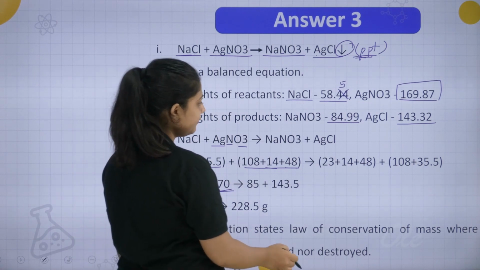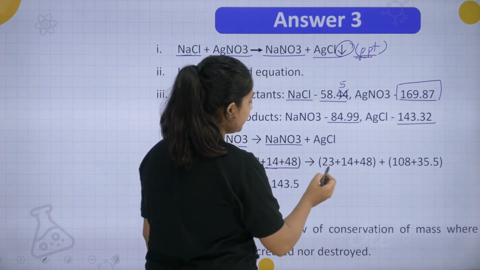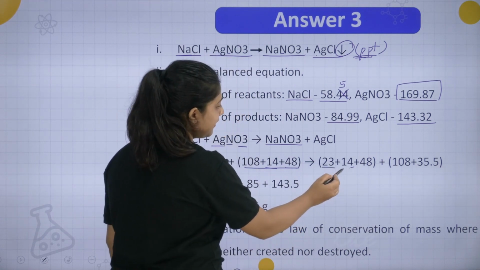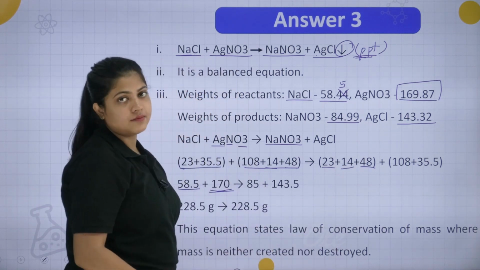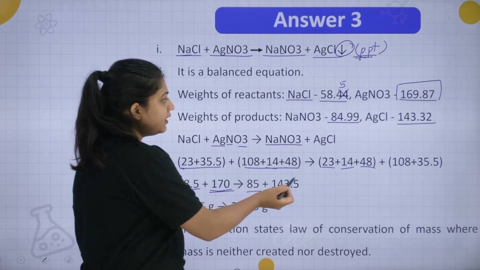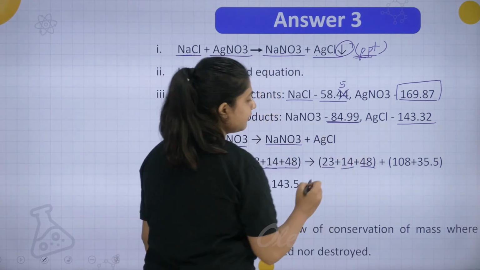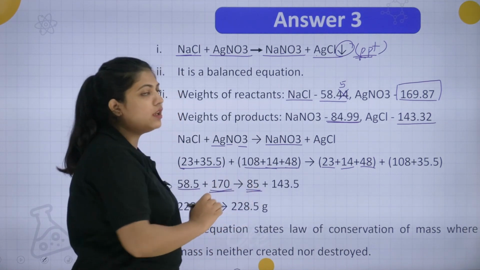Okay. Now again, if we talk about sodium nitrate, mass of sodium in addition with mass of nitrogen and in addition with the mass of 3 atoms of oxygen, okay, 85. Here we have taken the exact atomic mass, but for the sake of calculation we are rounding off.